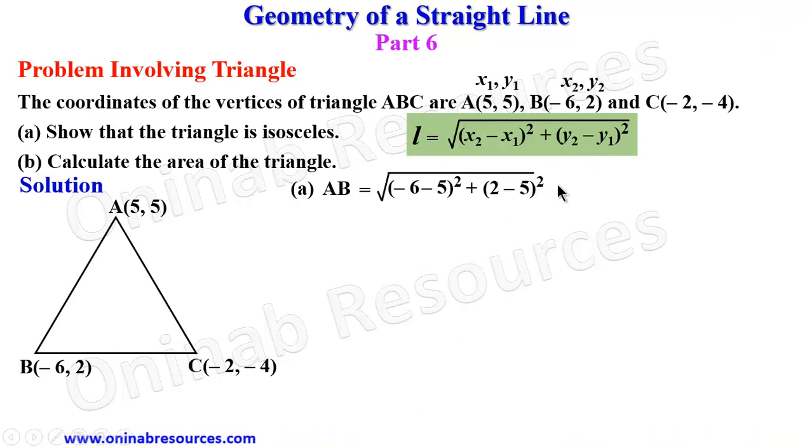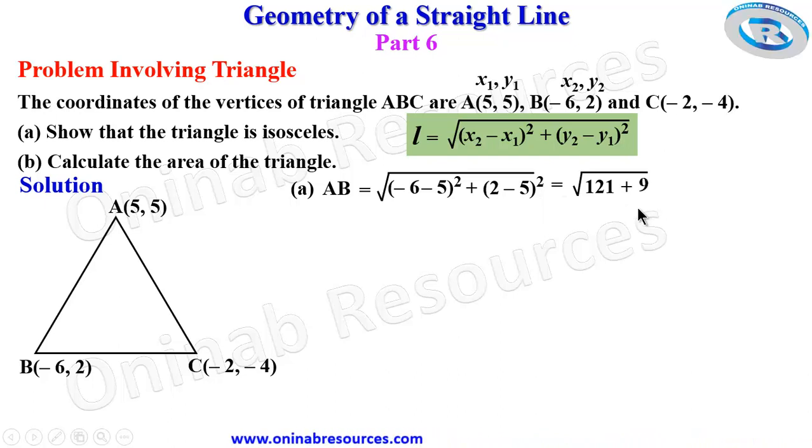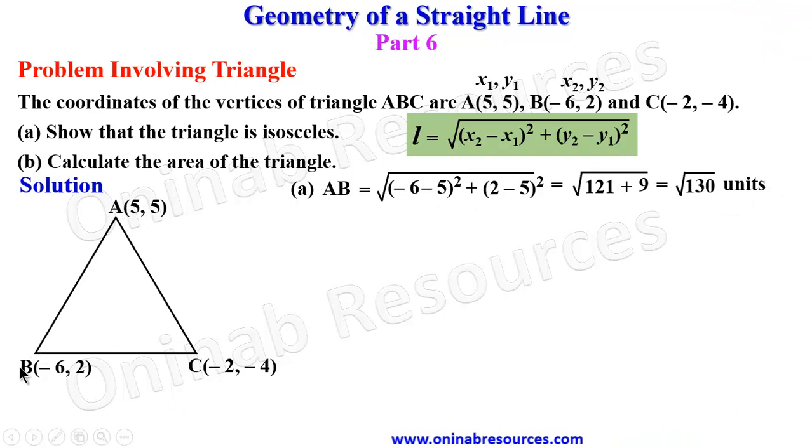Simplifying this, we have the square root of (-6 minus 5 gives -11). Squaring -11 gives 121. 2 minus 5 gives -3. -3 squared gives 9. So we have the square root of 121 plus 9, which gives square root of 130 units. That is for the side AB.